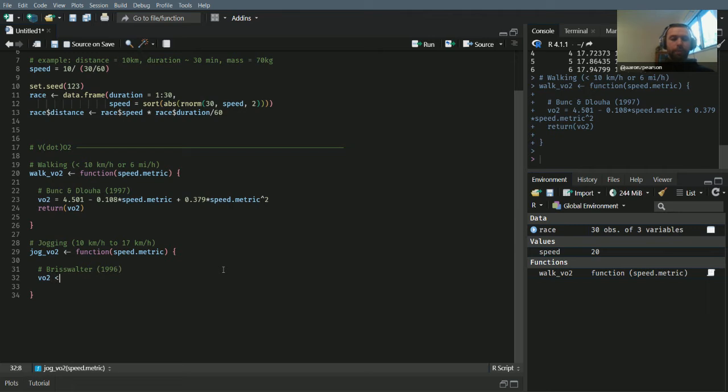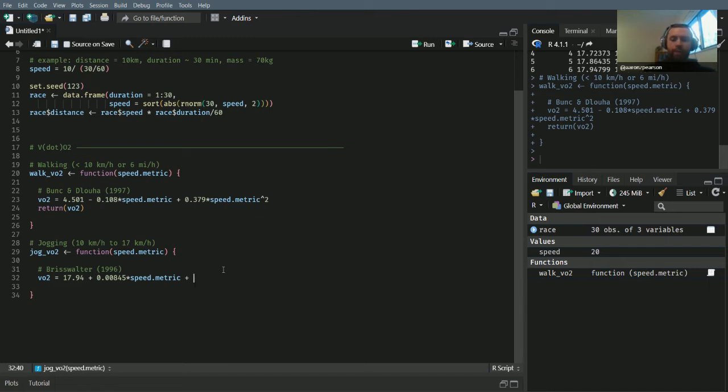And the formula VO2 is 17.94 plus 0.00845 times our speed in metric. There we go.